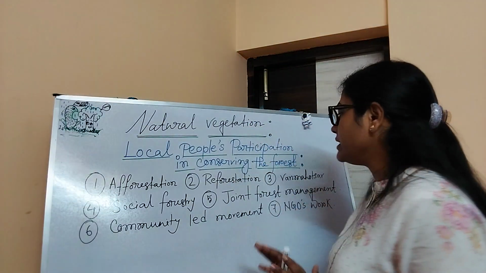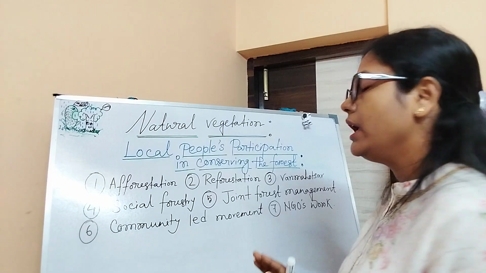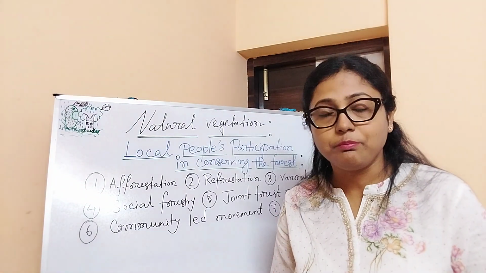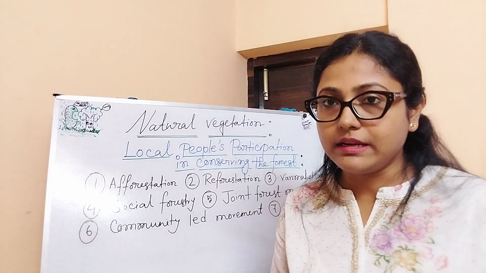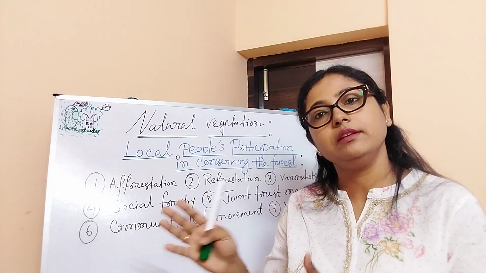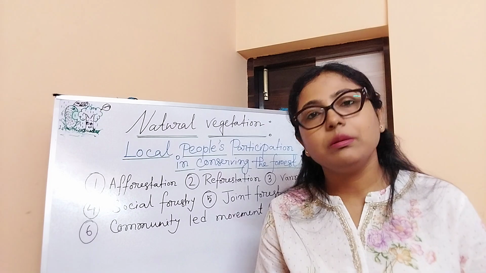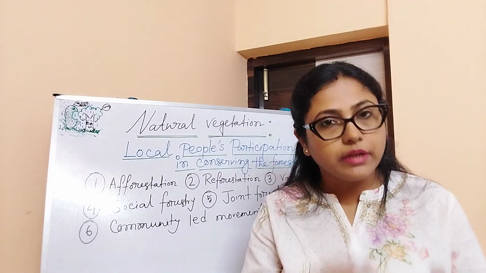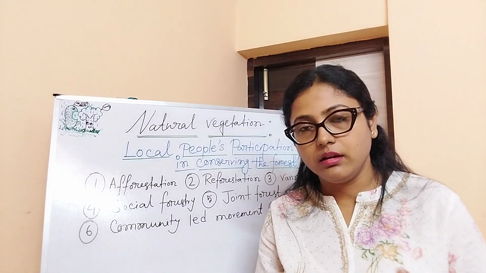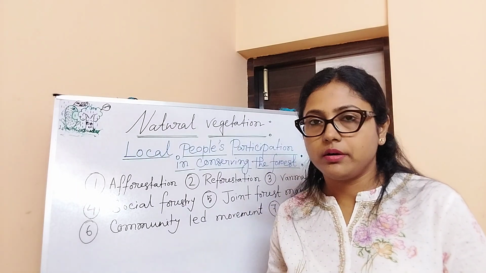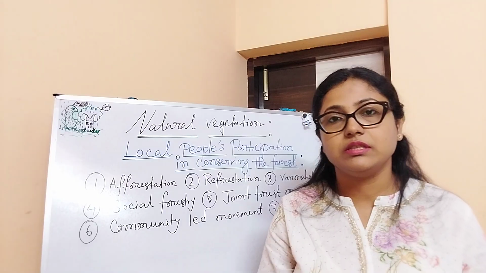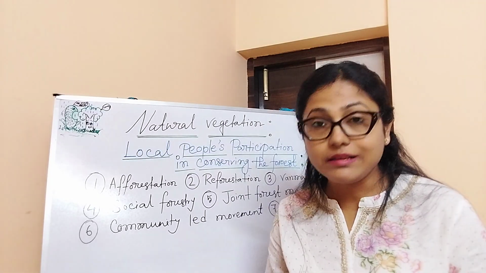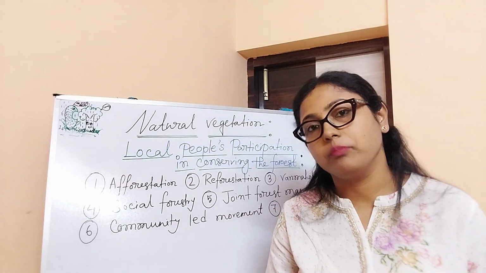Next is the joint forest management, JFM. Now in this joint forest management, the partnership is being done between the state forest officials and the local people. What do local people do? They are taking care of the forest area. They are protecting the forest from illegal activities or poaching activities, fire activities, etc. And in return, they will get the non-timber products from the forest.